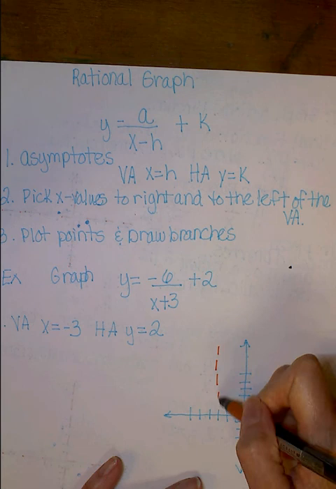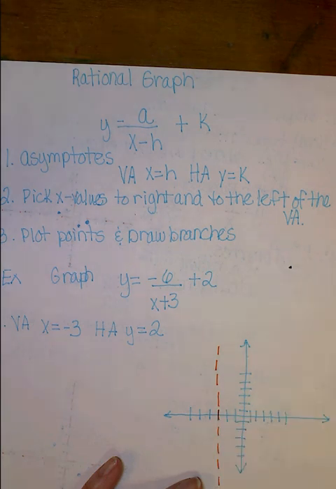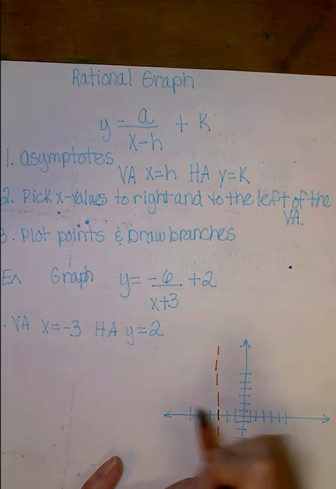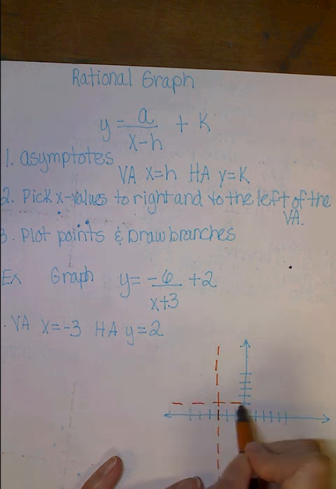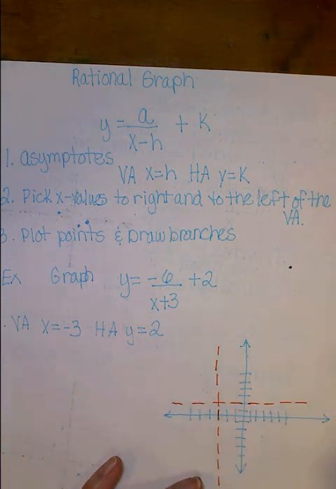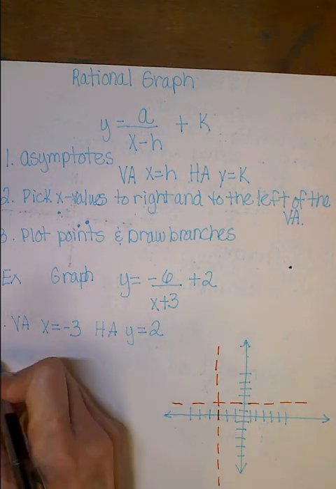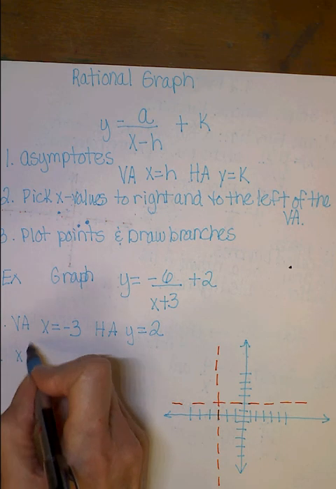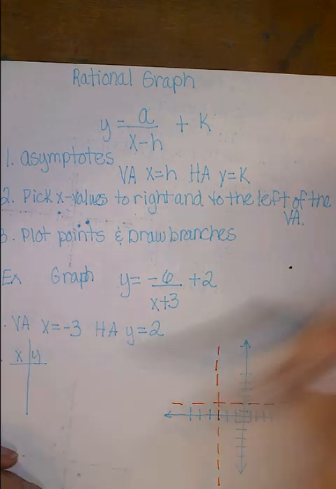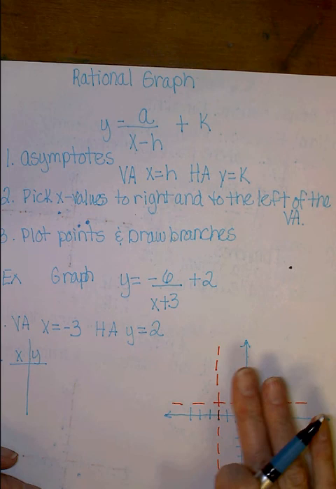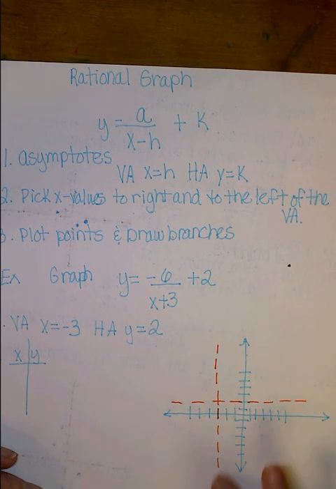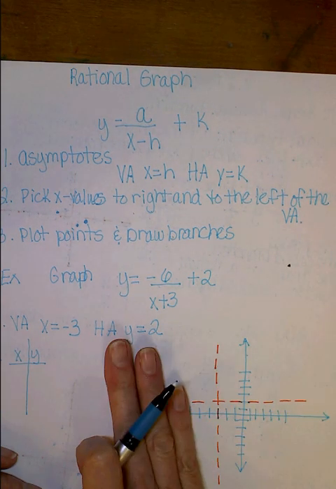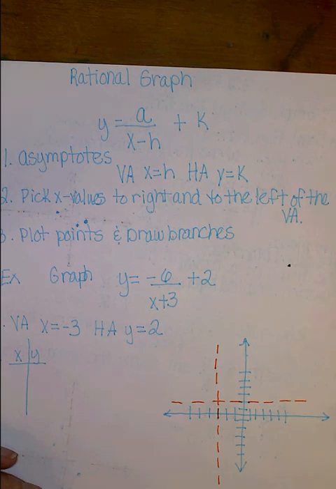Whoops, I got off a little bit there. Going through -3. And our horizontal asymptote is going through +2 on the y. Okay, so we're going to follow these asymptotes. So we're going to make our XY table now. And remember, you're going to pick points to the right of this vertical asymptote and to the left to plug in on your XY table.